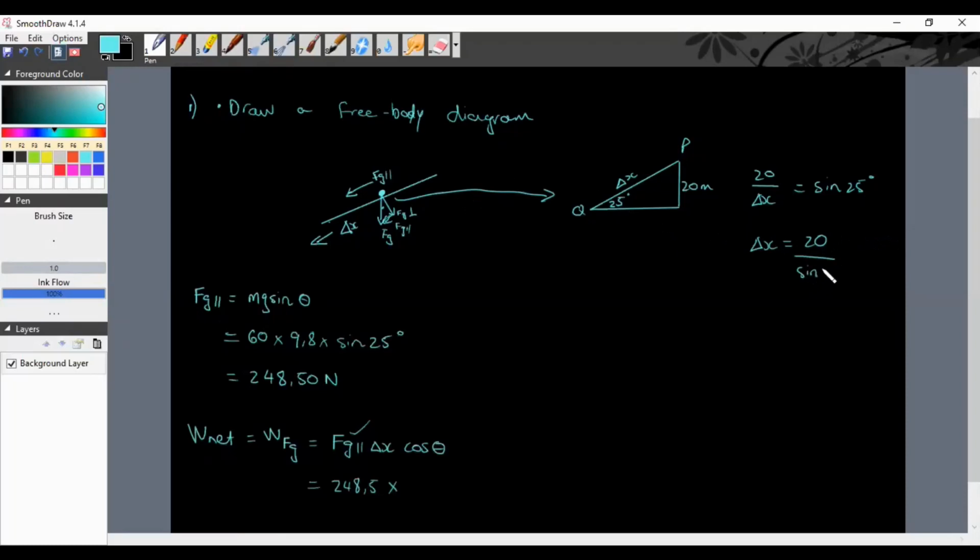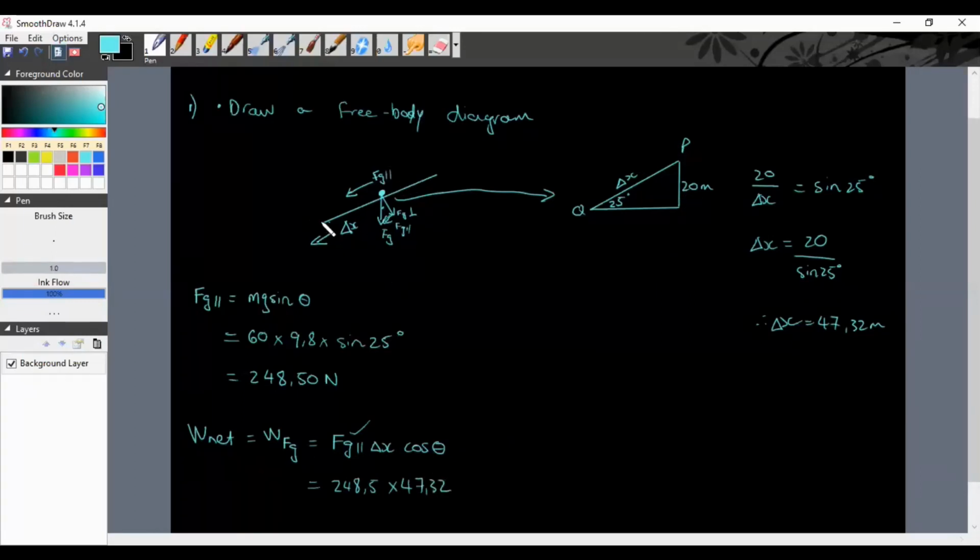Divided by sine 25. And if I do that, I'll get my delta x to equal about 47.32 meters. So delta x in this case is now going to be 47.32, so it's multiplied by 47.32.